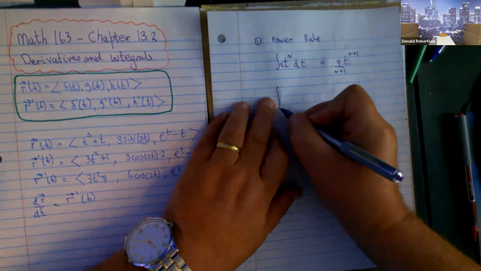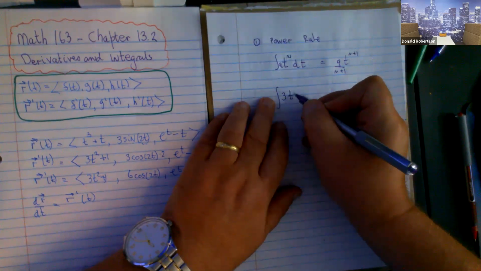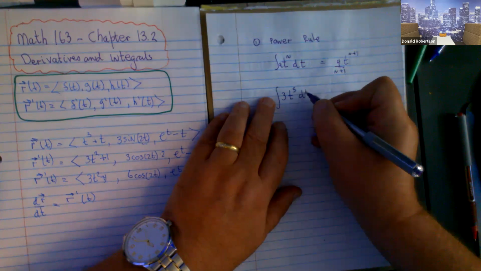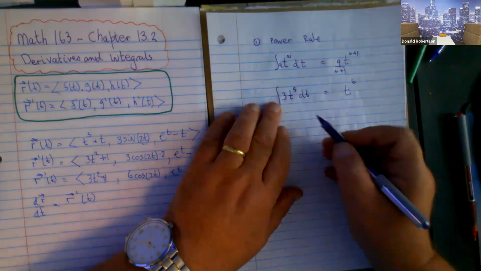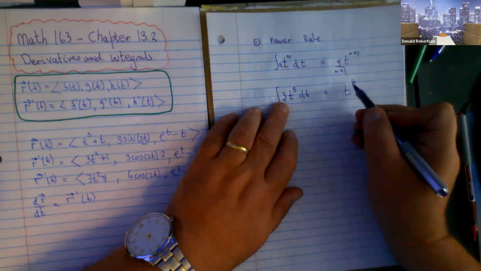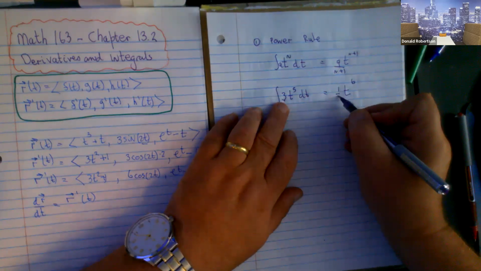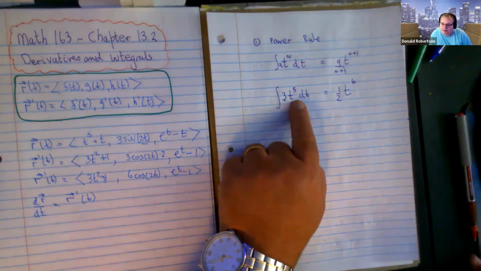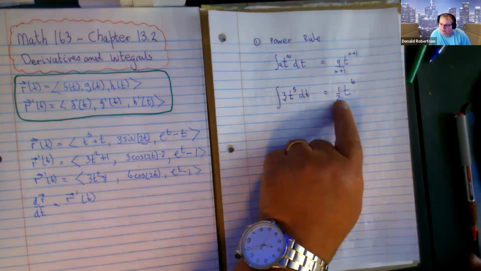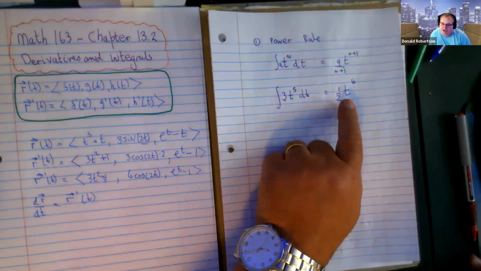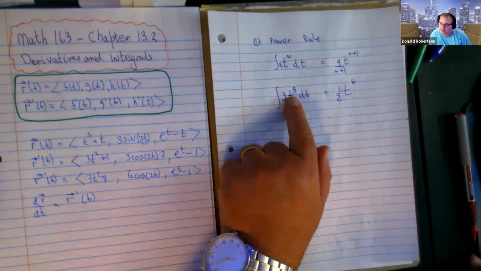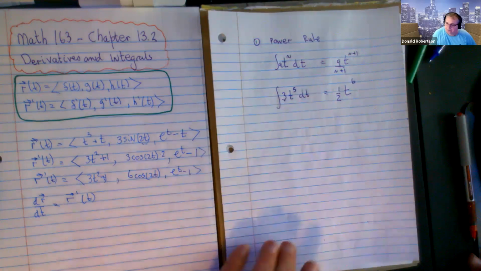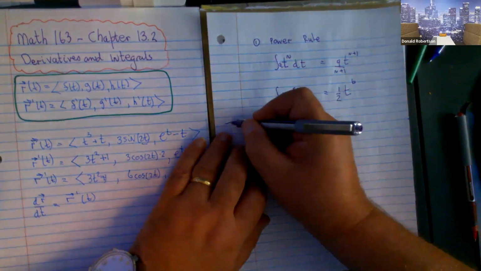An example might be 3 times t to the 5. You add 1 to the power, you get 6. Divide by the new power, divide by 6, and you get a half. So the integral is 1/2 t to the 6. You can always check by differentiating: shouldn't you get back to 3t to the 5 if you've done it right? So that's the power rule.